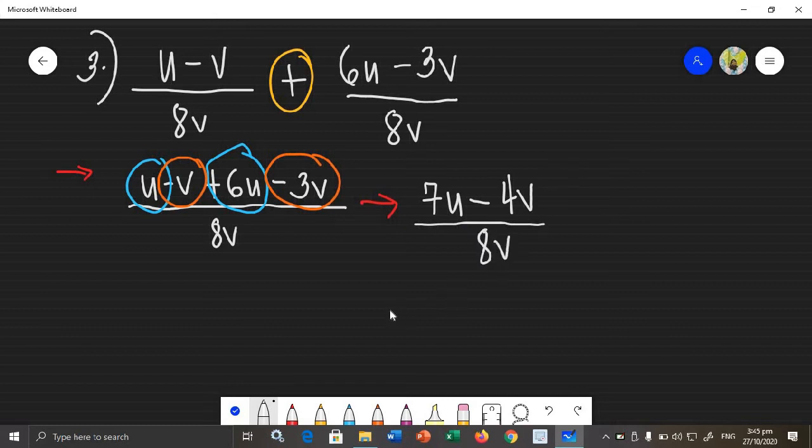So observing this answer, can we simplify this? So no. We can't simplify this kasi nakasimplified na siya. So sa numerator po, hindi na natin siya pwedeng i-factor kasi wala namang silang common factor. Si 7u tsaka si 4v. Hindi naman din sila difference of 2 squares. Mas lalong hindi sila sum or difference of 2 cubes. Okay? So therefore, the sum of example number 3 is 7u minus 4v all over 8v.